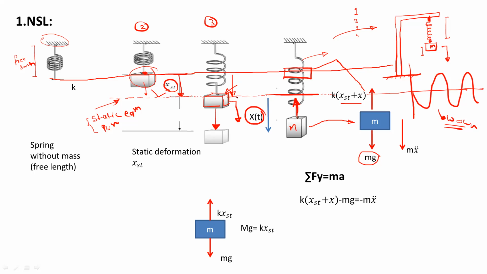After this equilibrium position, we are adding some extra deformation, called the external displacement, that is x of t or just x. This addition will be the total deformation, x static plus x. The formula for spring force is F equals K into x. Right now we consider x plus x static, the total deformation. So this is the opposing force, also called the restoring force.